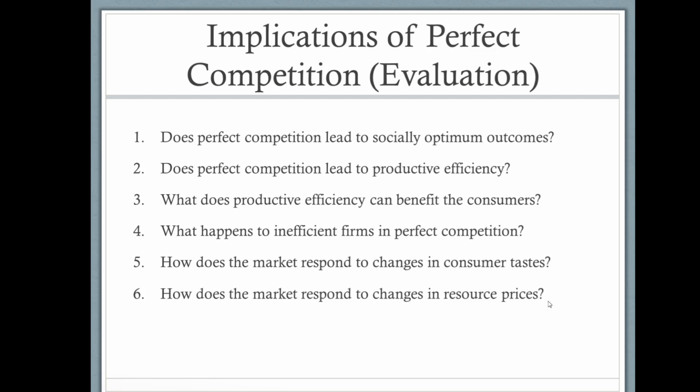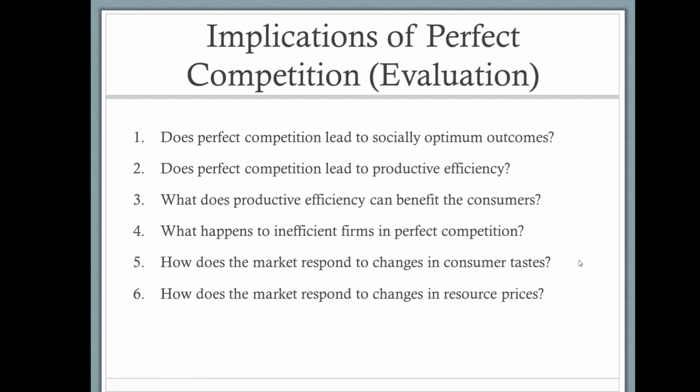And at the end, you talk about how the market responds to changes in the consumer preferences and technologies or resource prices. To show, if that market has all those assumptions, these are all the benefits that you can get. So that's the benefit of perfect competition.